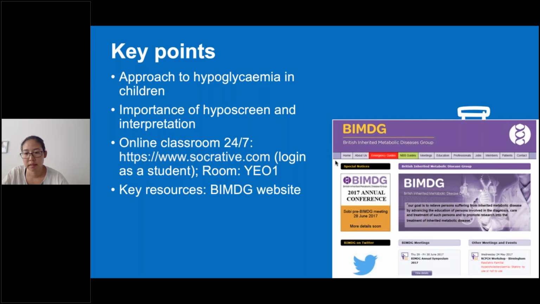And then another question: do you want to see all children with ketotic hypoglycemia in tertiary clinic? The honest answer, probably not. We have lots of children with ketotic hypoglycemia. I believe there's a pathway that is going to come out on how to manage ketotic hypoglycemia and when to refer.